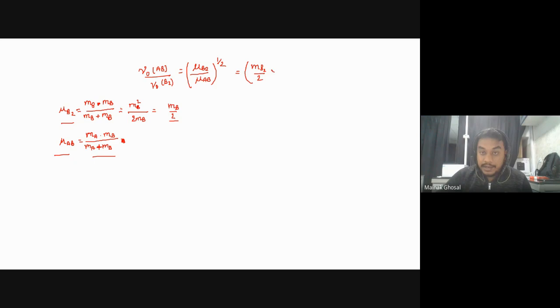And what will be my μ AB? This is in the denominator, so it will be MA into MB divided by, it will be going up because μ is on the lower side, so it will become MA plus MB, right? For clarification, I am just putting a bracket.